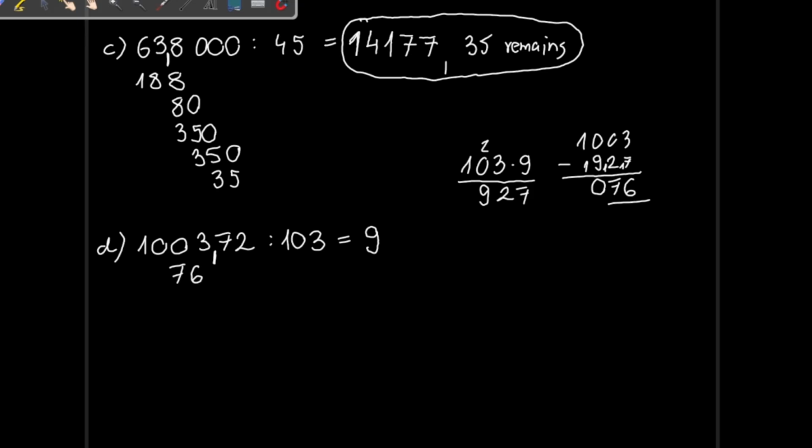So 76, we move the 7 down again. And we divide 767 by 103. We can surely divide it at least 7 times.